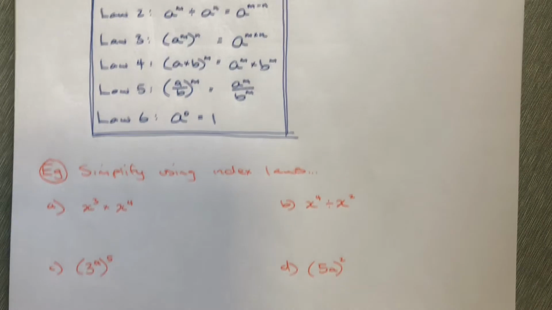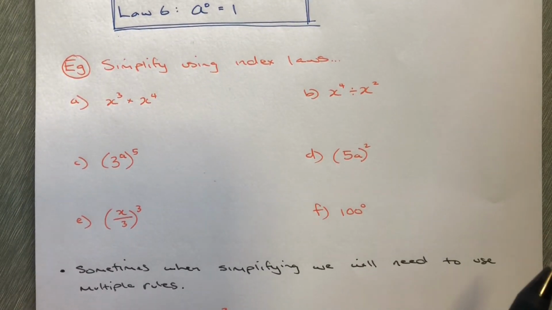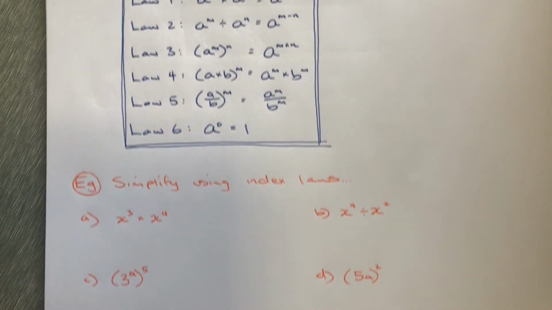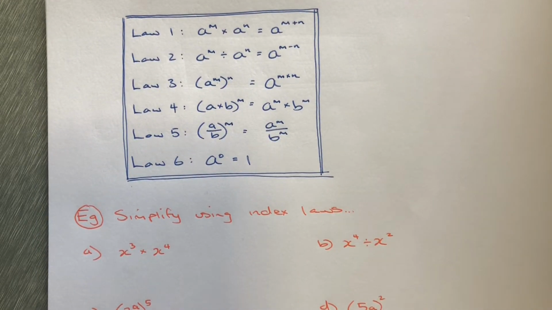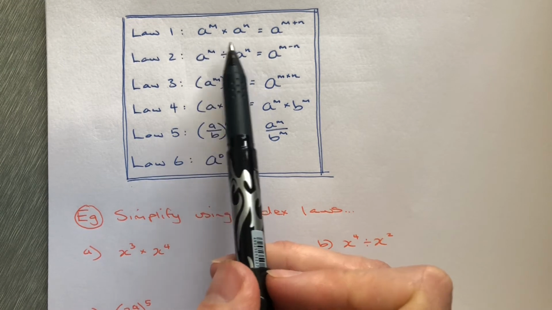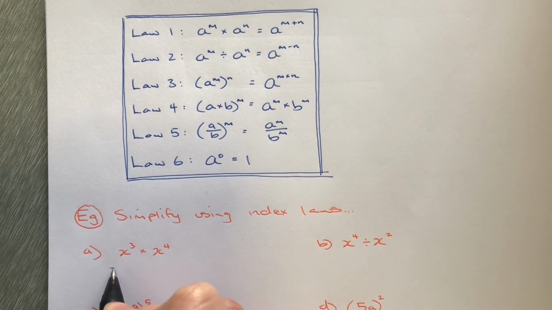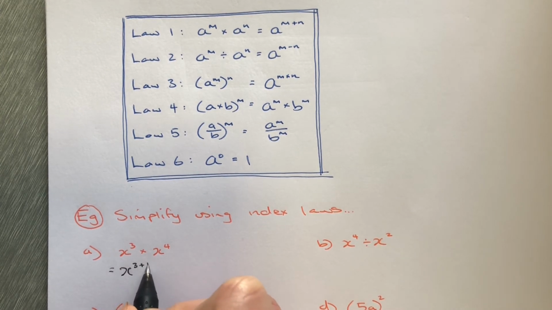Okay, so let's use some of these laws to answer these questions. Now, actually, I might slide that there so you can see the laws at the same time. Now, this one here, we've got two bases that are the same times each other. So it looks like we're going to be using law 1. So that's going to end up giving us x to the power of 3 plus 4.